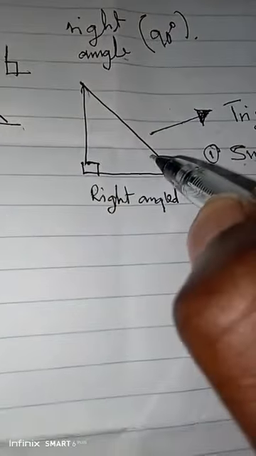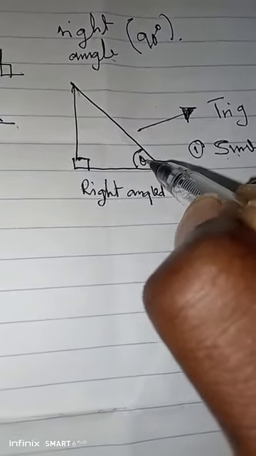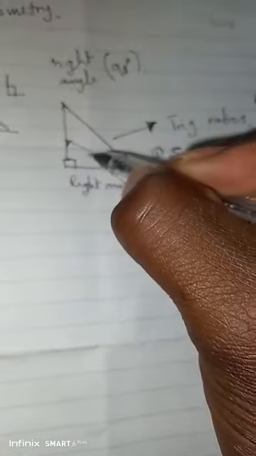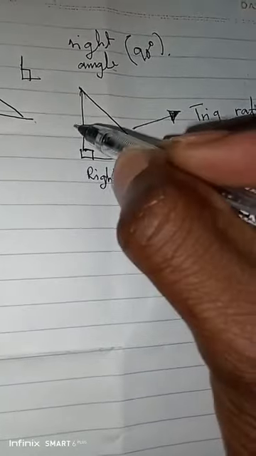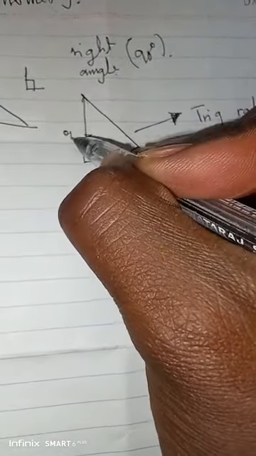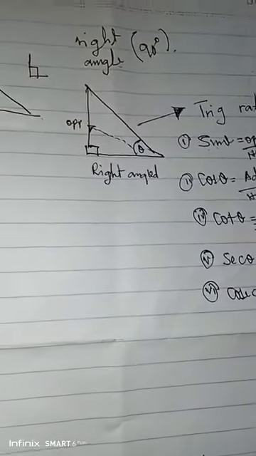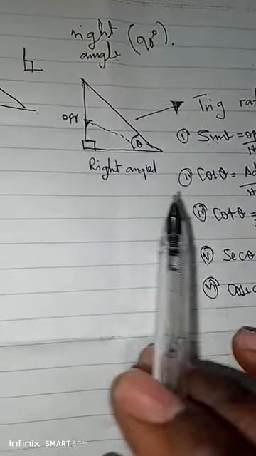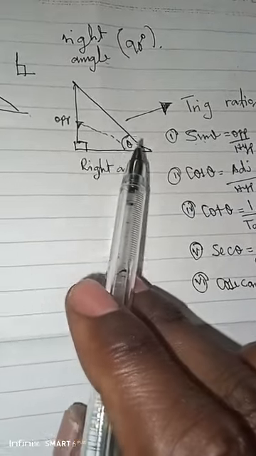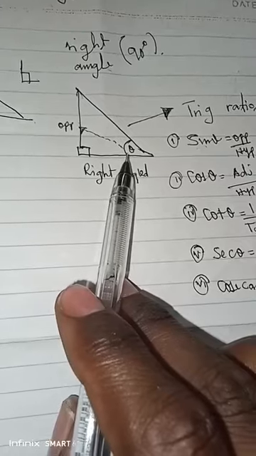If say theta is here, you're going to see that the side which is facing, or lying opposite to the angle here, is going to be called the opposite, because this side is kind of facing this angle that we have here.